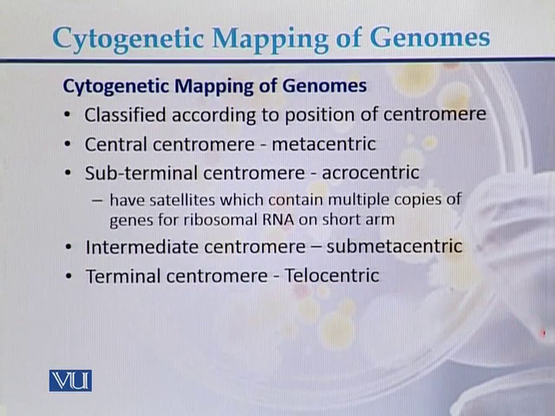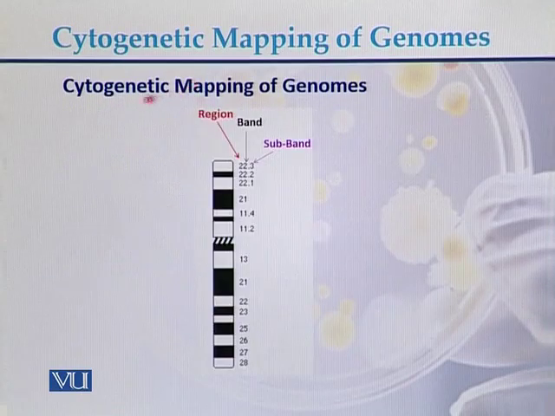So based on the position of the centromere, there can be four different types of chromosomes.